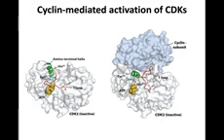So when cyclin binds, the T loop moves away from the protein binding site, and that brings this green helix towards the active site along with glutamate 51.